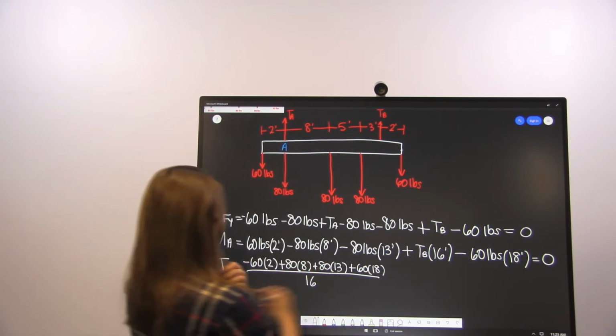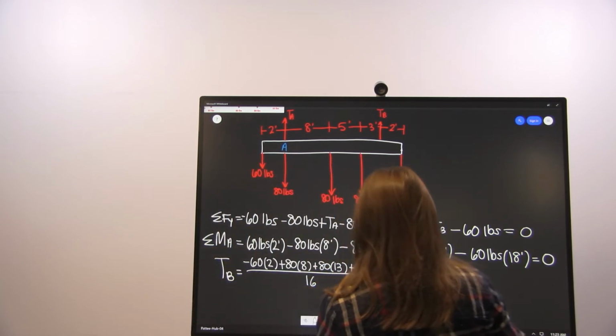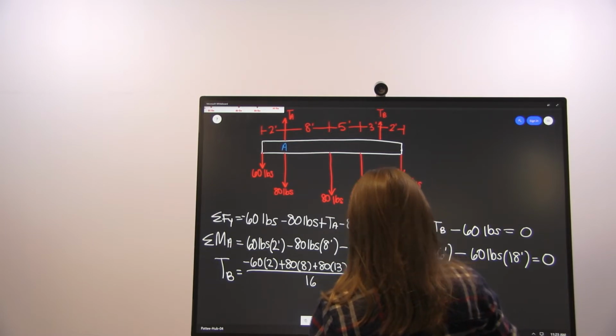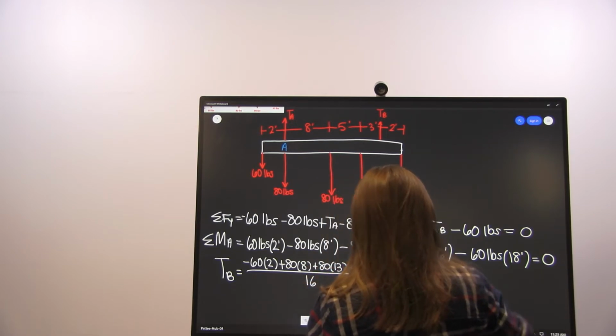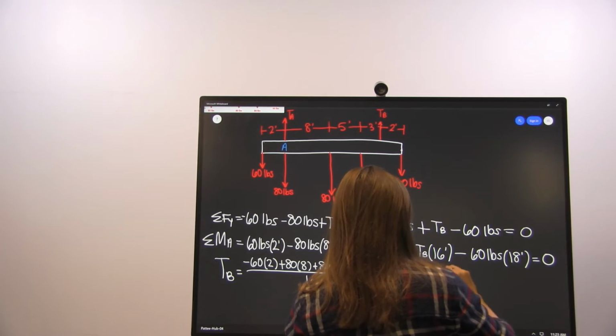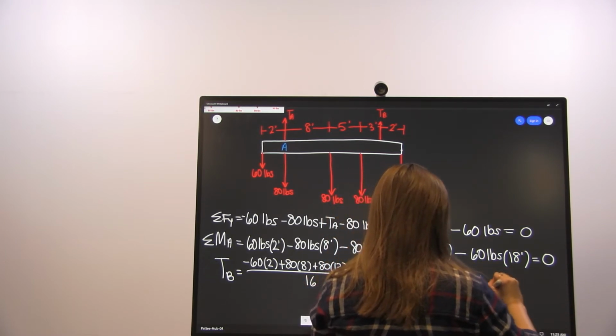And then when we solve for that, we're going to get tension B is equal to 165 pounds.